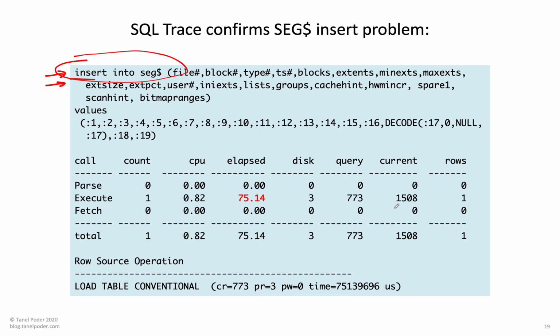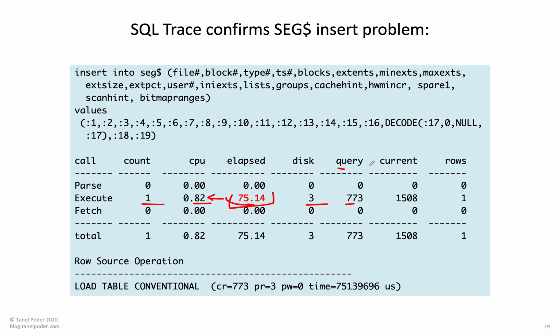And you see here again, this is a single execution, executed only once, and it hasn't used that much CPU, but most of the time, 75 seconds, it has waited for something, right? Or sorry, 75 minus this, right?